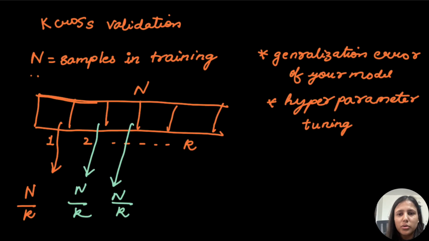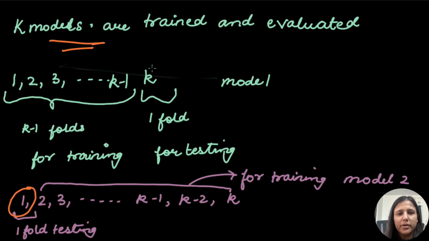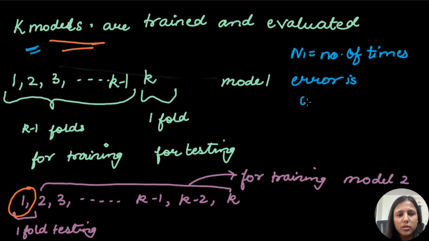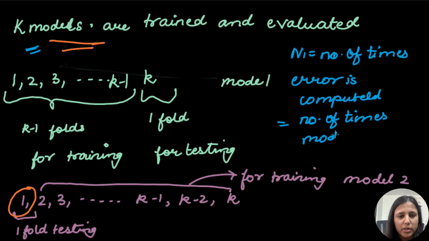Okay, so we said that k models will be trained, right? So n1 was equal to the number of times error was computed, which is also equal to the number of times models are trained, which is equal to k, right?